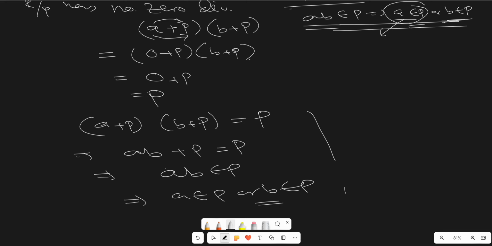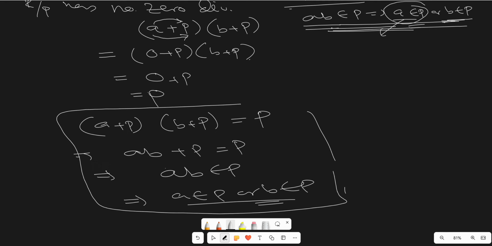Or you can proceed in that format. So what is (A plus P)(B plus P)? This will be AB plus P, and AB is inside P, so it will definitely be 0. So anyways, you can definitely proceed like that. Okay, so this completes the proof.